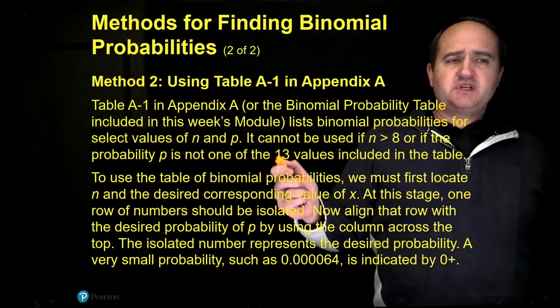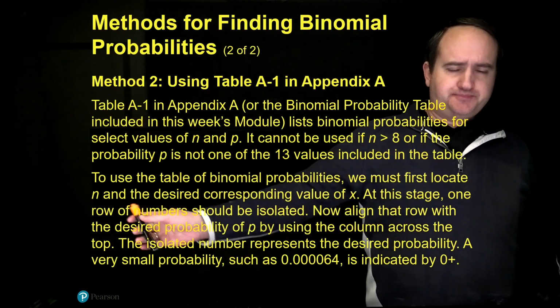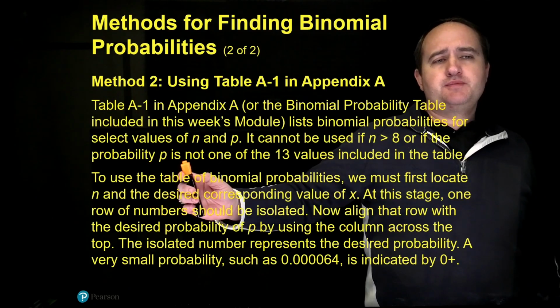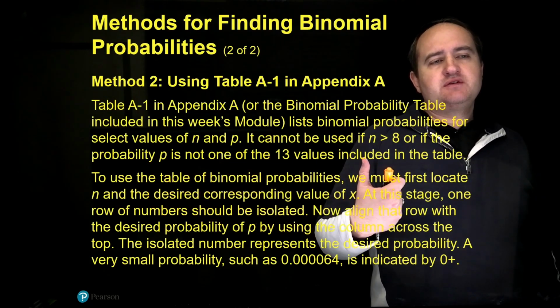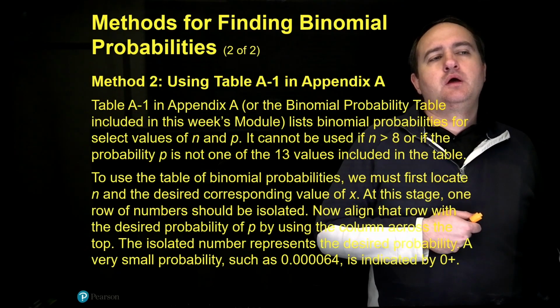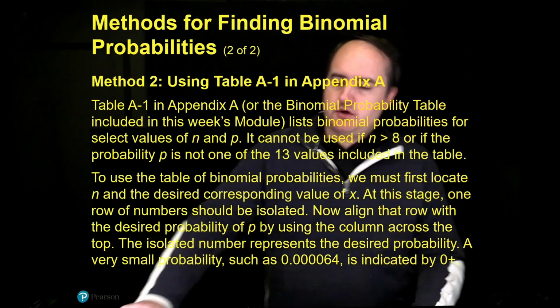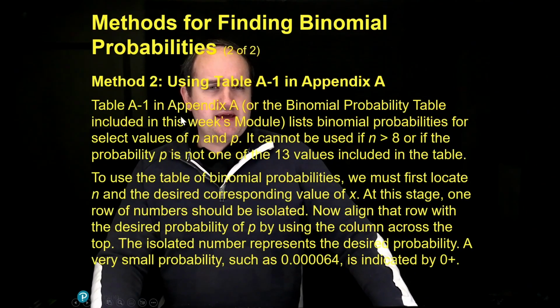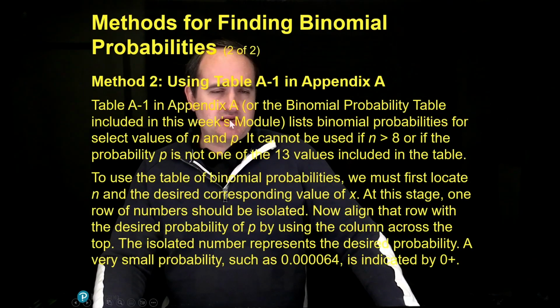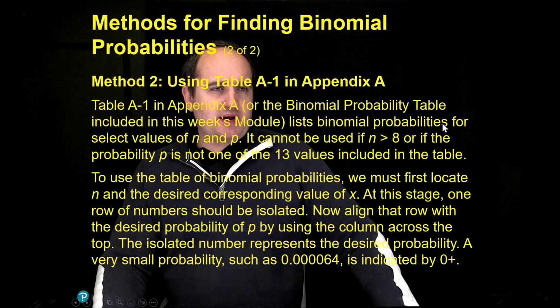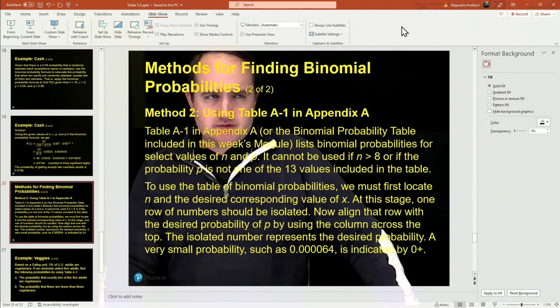Table A1 cannot be used if N is greater than 8, or if the probability P is not one of the 13 values included in the table. So I'm going to show you right now the table that we have. It's not table A1 in Appendix A from our book, but I'm calling it the binomial probability table in this week's module. So here it is.